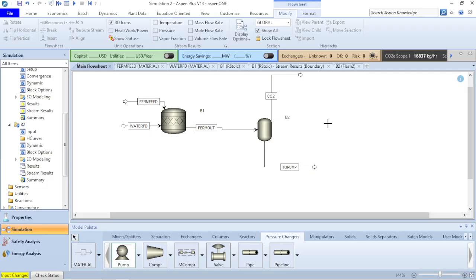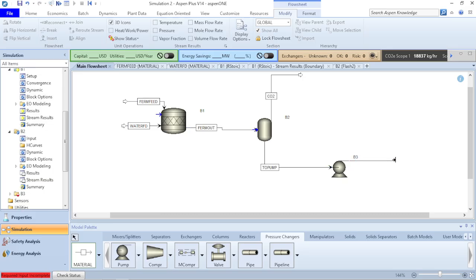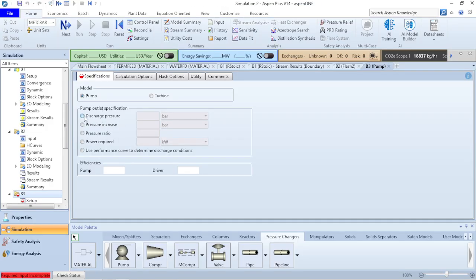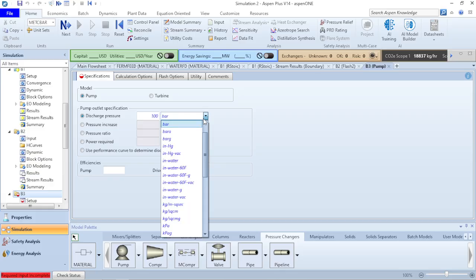So we add the pump, connect it. Okay, so I double click on my pump. Remember the discharge is at 100 psi, so this is my discharge pressure. Increasing it to 100 psi.